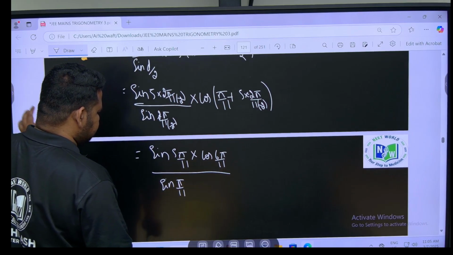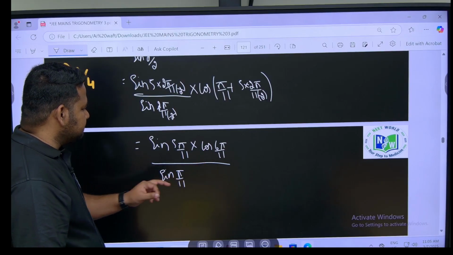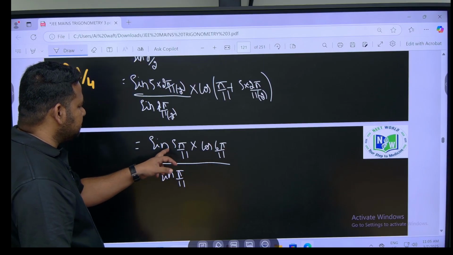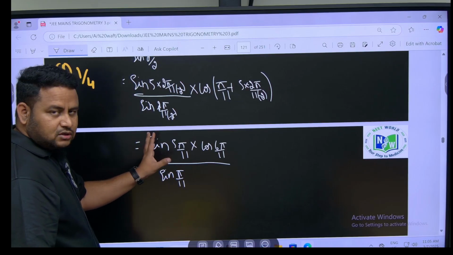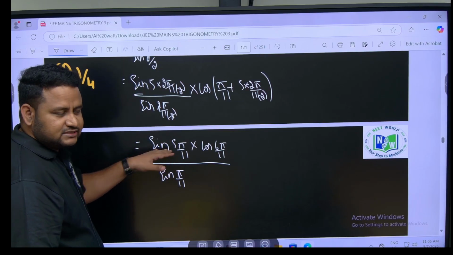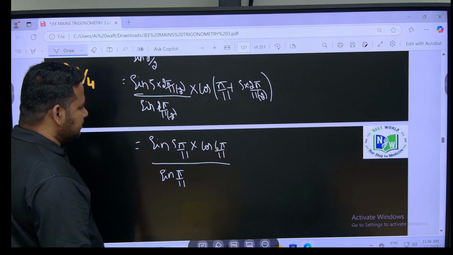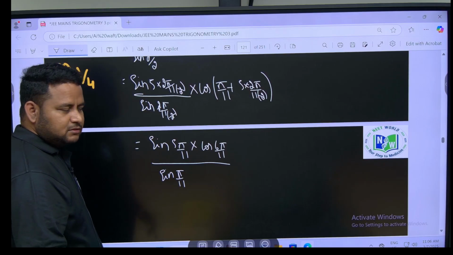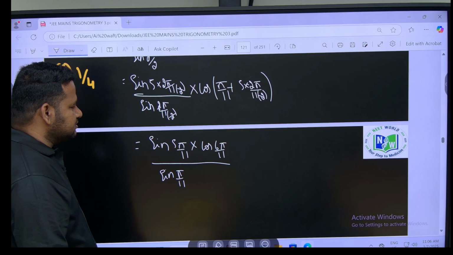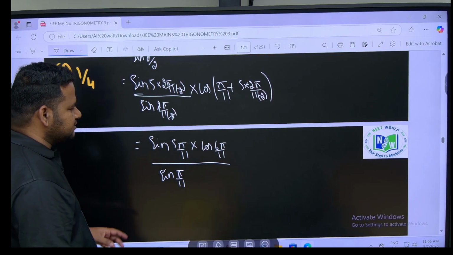Further, if you write this, we get sine of 5 pi by 11 and cos of 6 pi by 11. This 5 pi by 11 can be written as pi minus 6 pi by 11, and pi by 11 can also be written as pi minus 5 pi by 11.